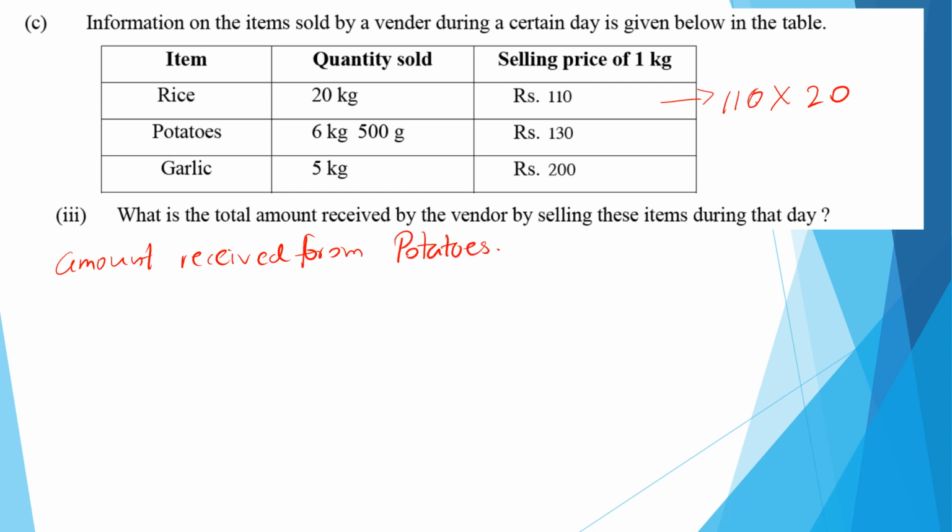We will do it this way, right? This is for 6 kilograms. For 6 kilograms we have to get 6 into 130. So this is the amount.